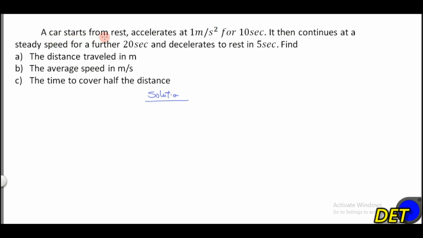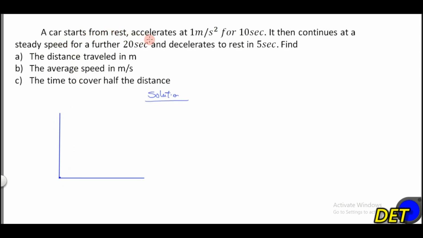A car starts from rest. So I would have to draw my vertical axis and my horizontal axis. Again, a car starts from rest, so this is the rest position.